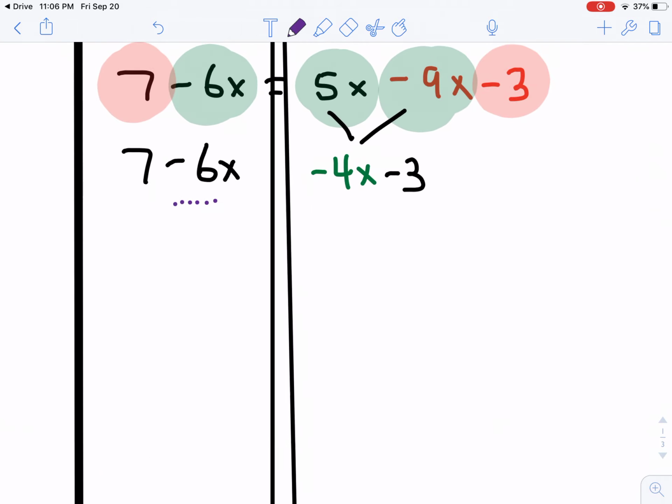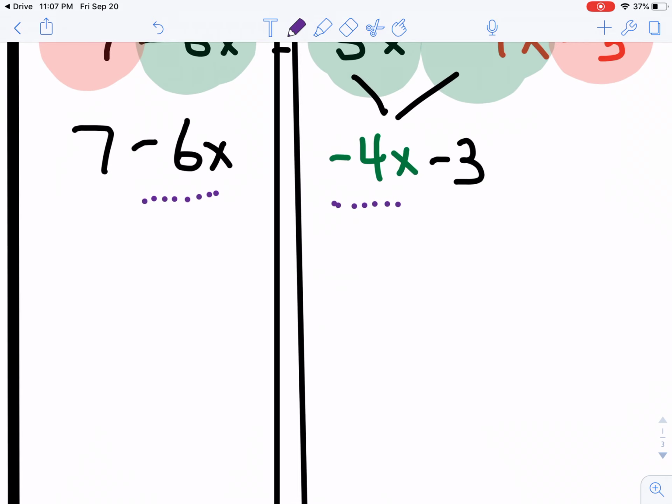Is negative 6x a smaller value or negative 4x? Even though 4 is a small number, we need to notice that we're comparing negative 6 and negative 4.